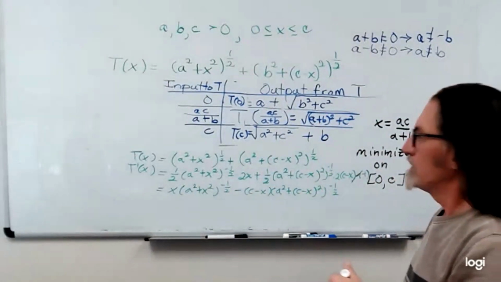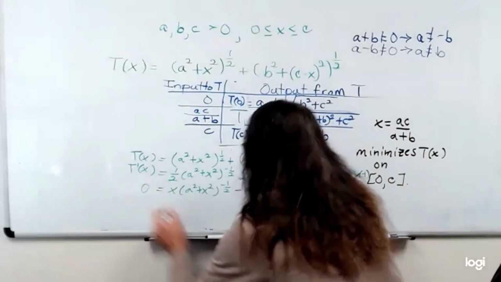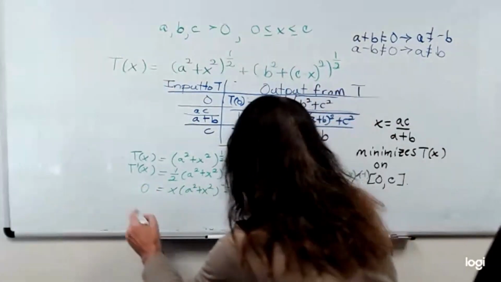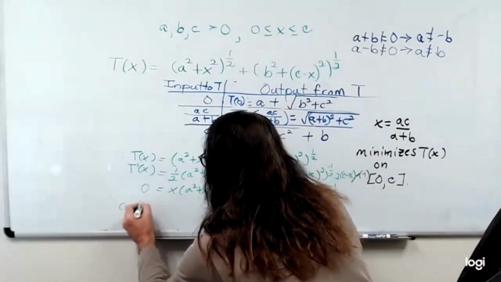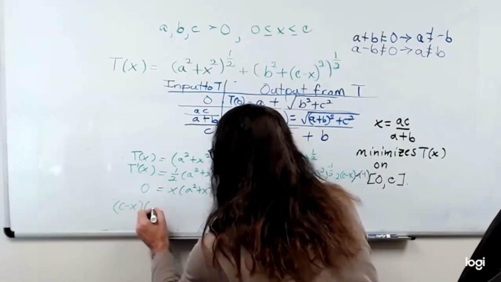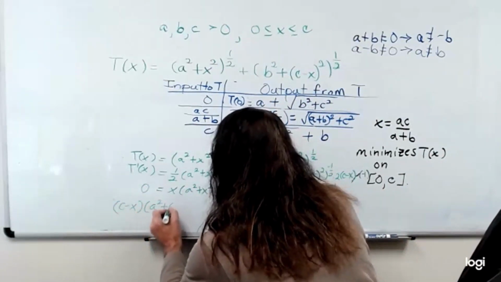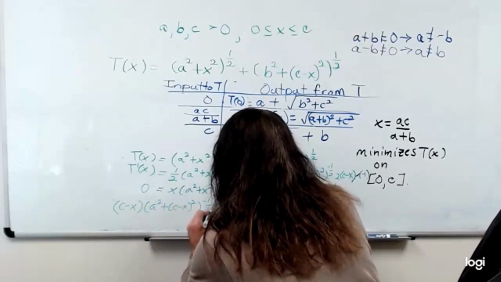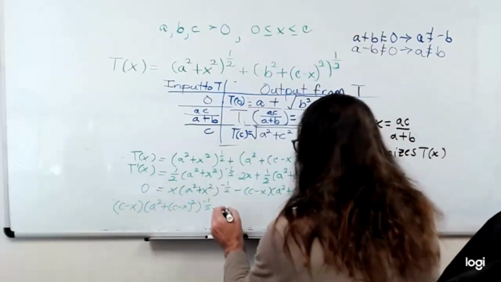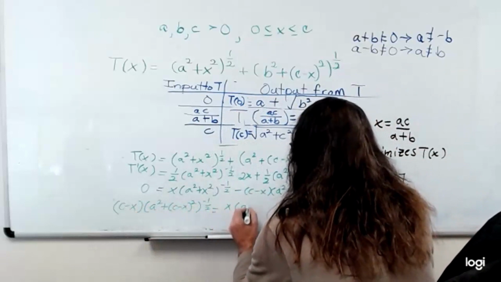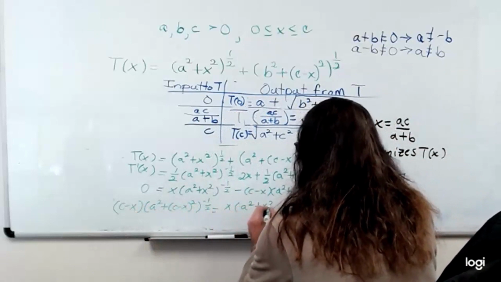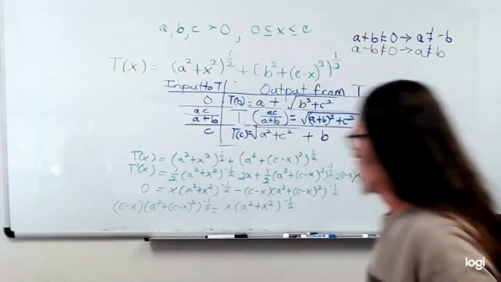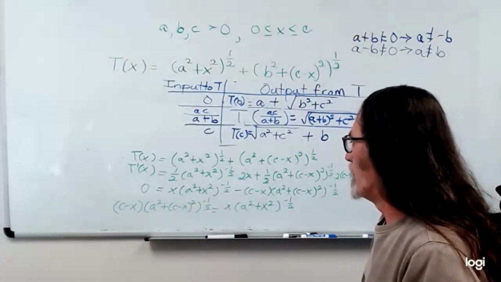Set that equal to 0. Add this portion to both sides. Square both sides.